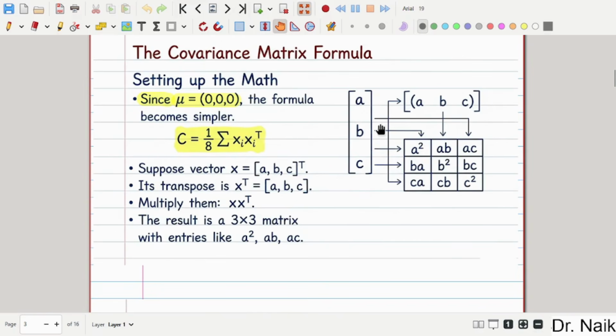Second row becomes b into a, ba, b into b, b square, b into c, bc. And third row becomes c into a, ca, c into b, cb, c into c, c square. So this is how our x into xi transpose looks like.